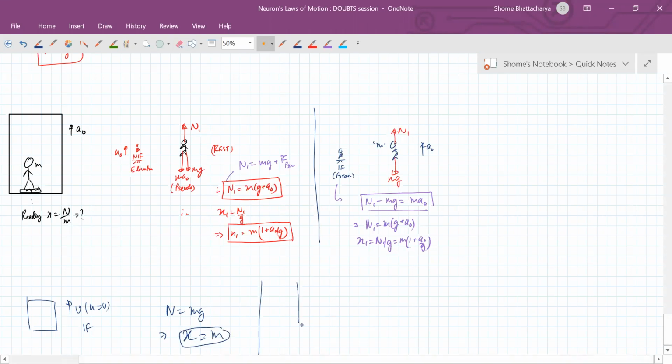And in the third case, when the lift is accelerated downwards, let's say it's showing normal reaction N2. So that normal reaction will become mg minus m a naught. So this time the reading of the spring balance will become this.